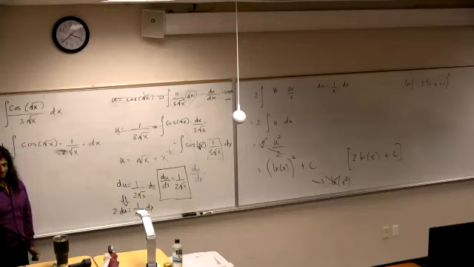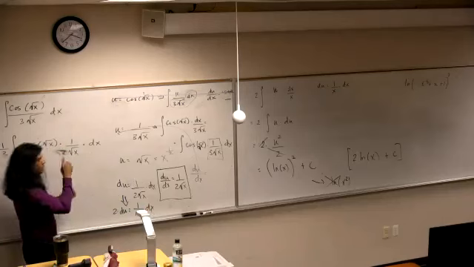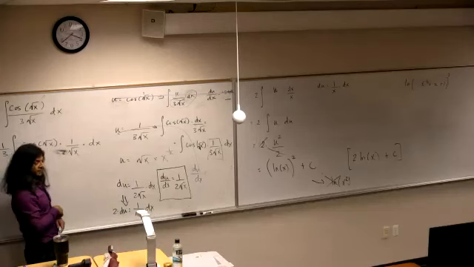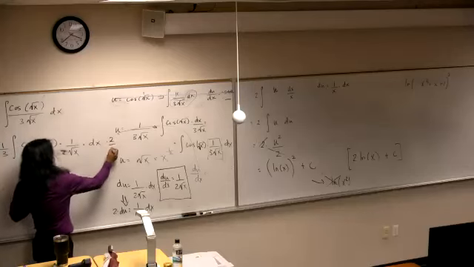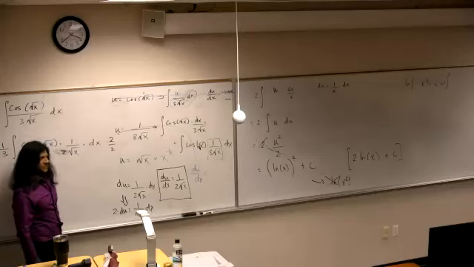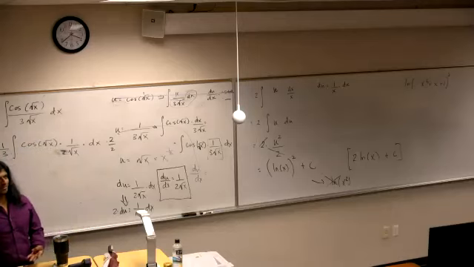Good? That is the approach that I like. But if you're not comfortable with this, and you just want a 2 there, you can't simply put a 2. You have to multiply and divide by 2. You're not doing anything wrong algebraically, are you?